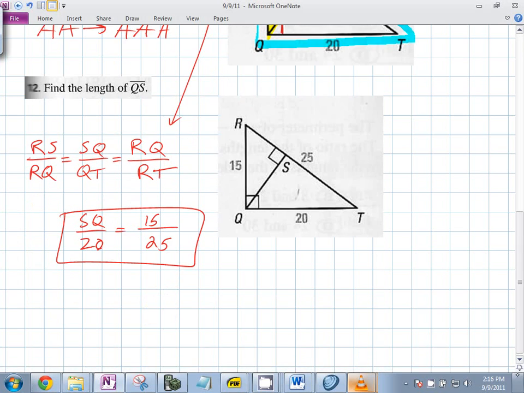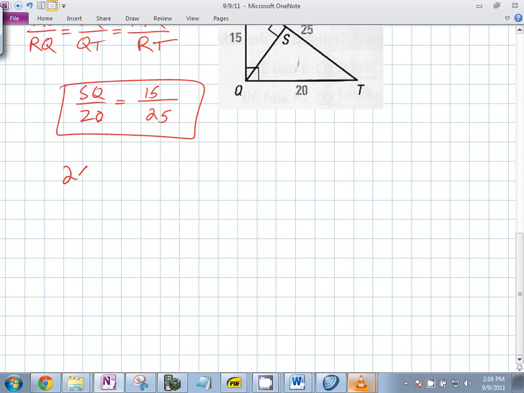No. Divide 25 times SQ is equal to 20 times. Divide everything by 5. I cross-multiplied. 5 SQ is equal to, divided by 5, 4 times. We can only divide one of them.